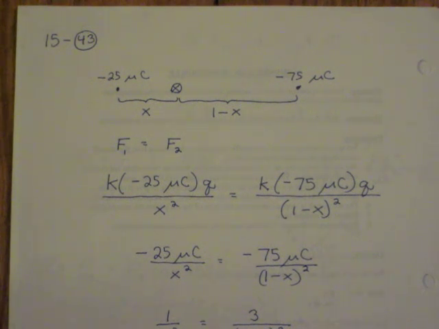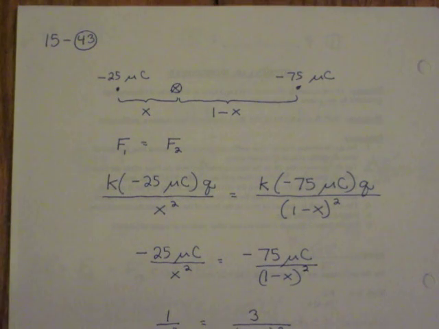Both of those terms on the left and right have common factors, k and q. So we can divide away k and q, and you get what you see on the bottom of your screen, with the negative 25 microcoulombs and the negative 75 microcoulombs.